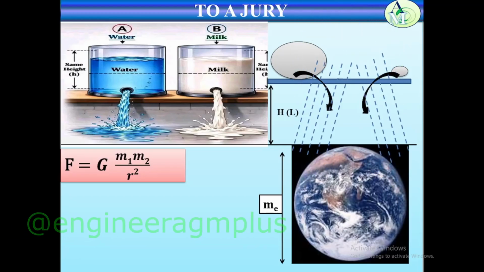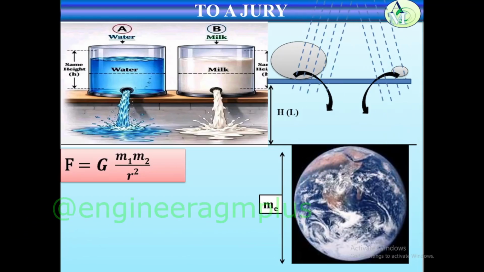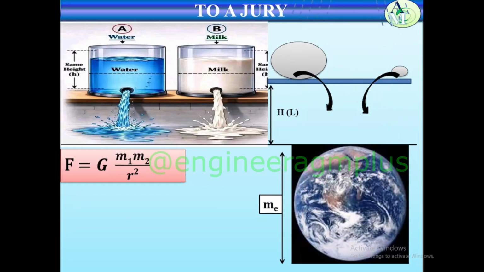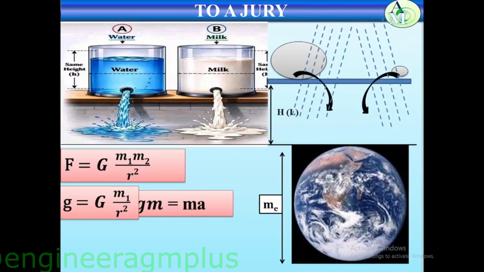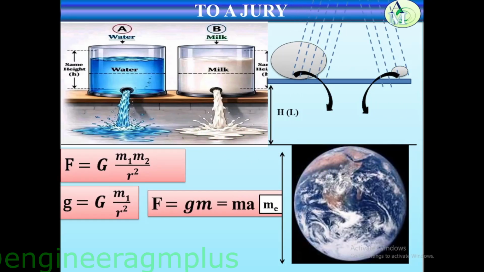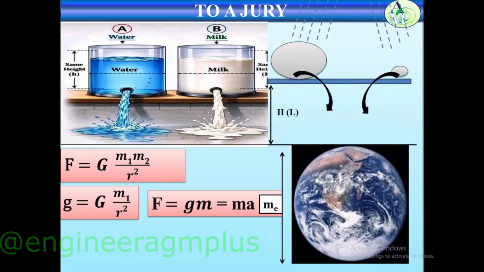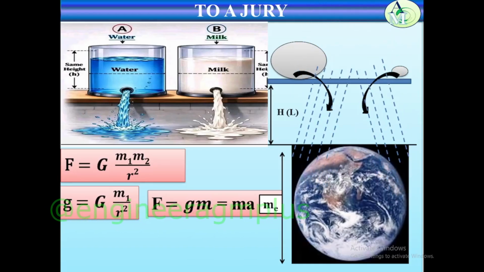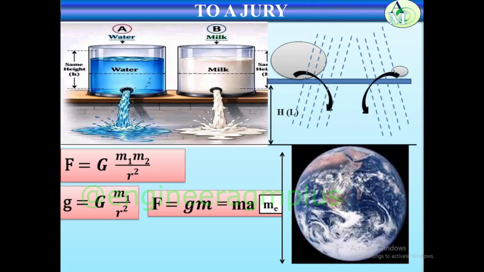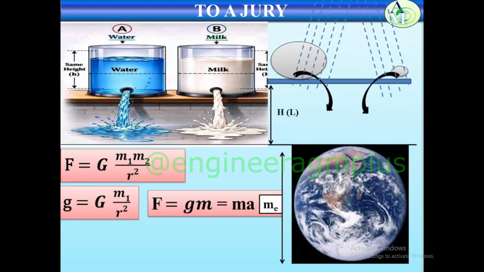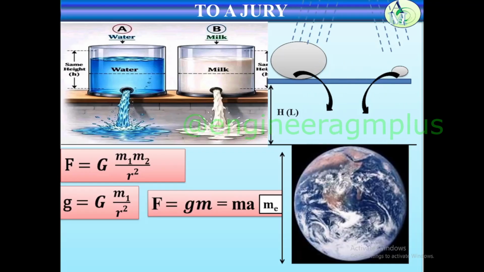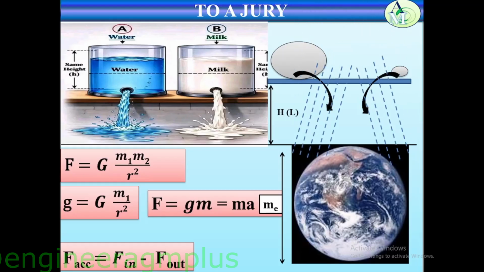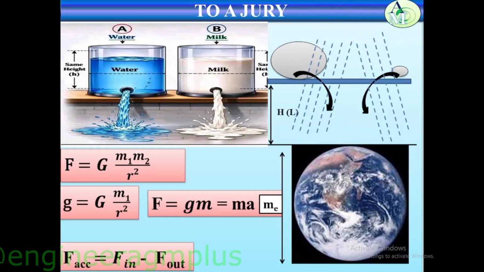Then G m1 over r squared is equivalent to the acceleration due to gravity. In that case, we substitute g for G m1 over r squared, and that gives us F is equal to m g, which is m a. Are we getting that? So the force of gravity is now equal to the mass of the object and the acceleration due to gravity. In that case, let's consider the water tank and the milk tank.